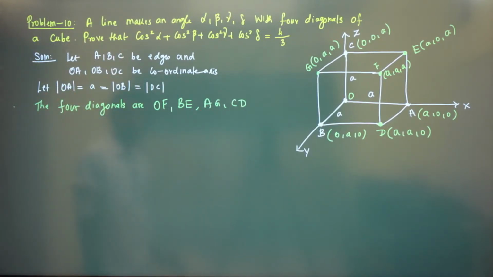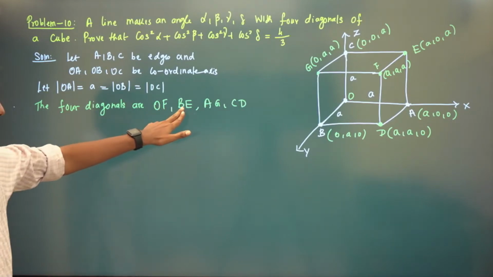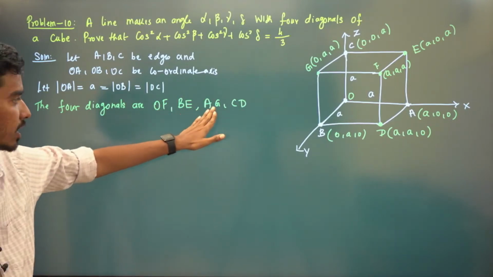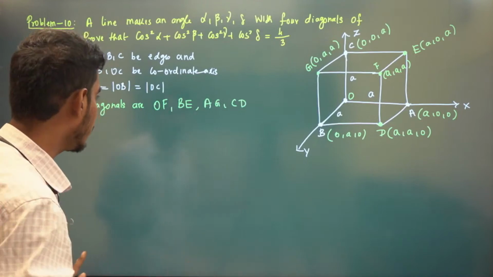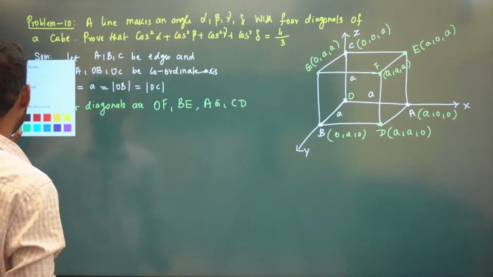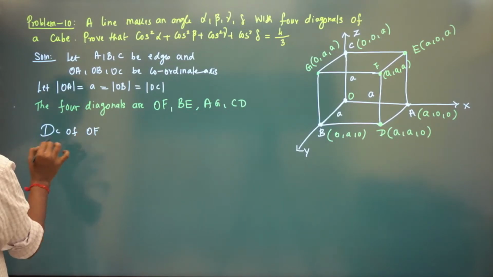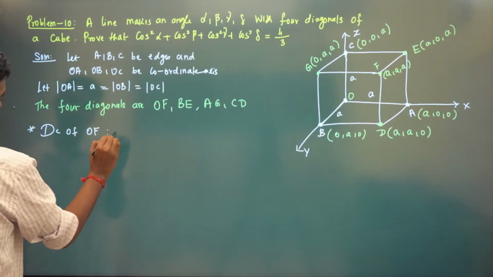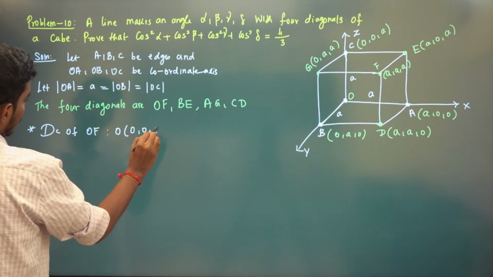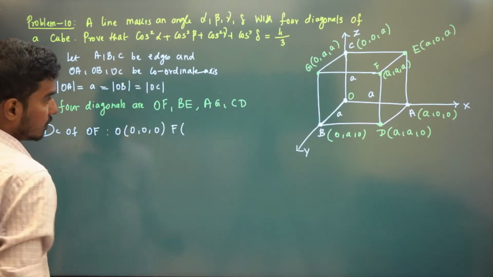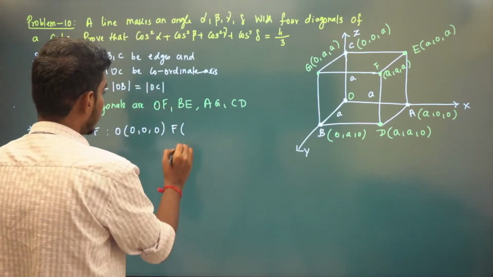Now we have a line. First we will find the direction cosine of OF, BE, AG and CD. At first I'll write it down, then I'll explain more. Now what is the direction cosine of OF? O is the origin, so 0, 0, 0, and F is a, a, a.